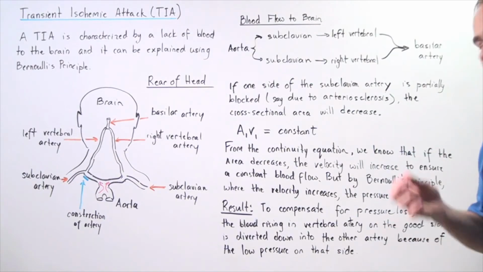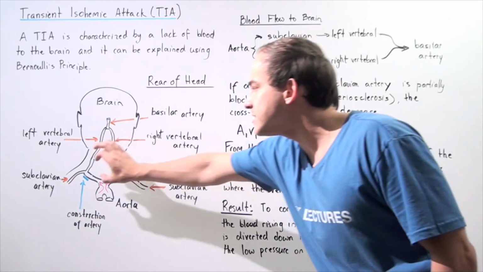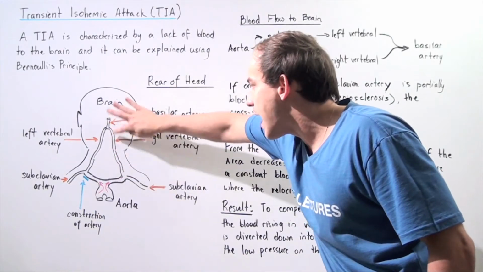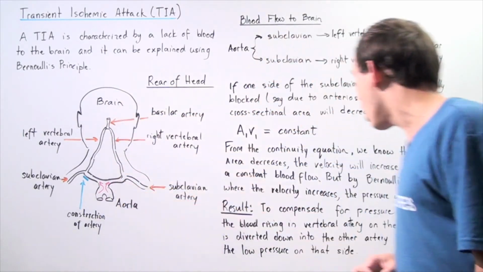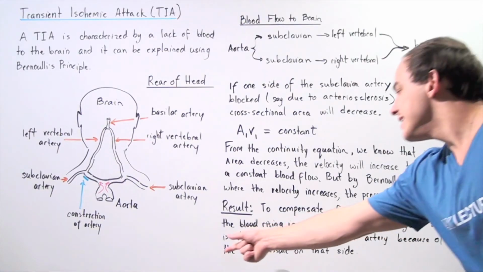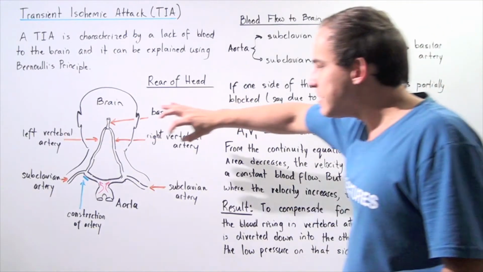What exactly is the result? Well, to compensate for the pressure loss in this section of the subclavian artery, the blood rising in this section of our right section of the vertebral artery on the good side of the body is diverted down into the other artery found in this section.